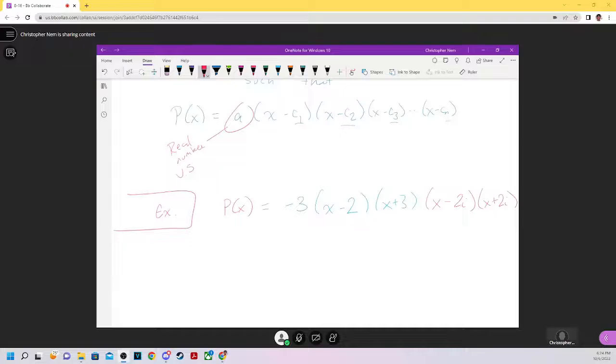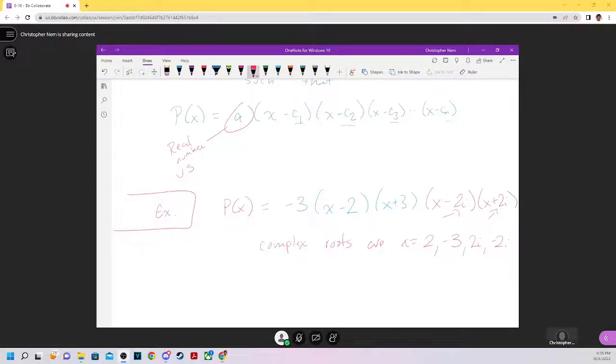I can say that my complex roots are x equals positive 2, negative 3, positive 2i, and negative 2i. Because remember, it's x minus our value. Boom. I have my complex roots.